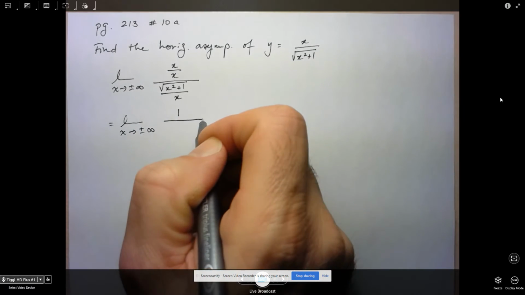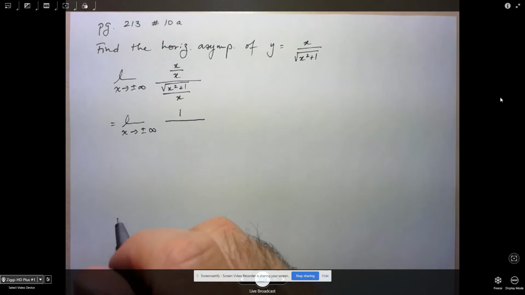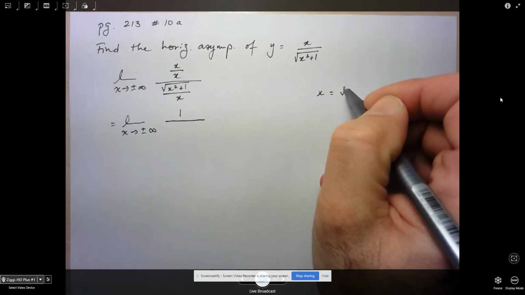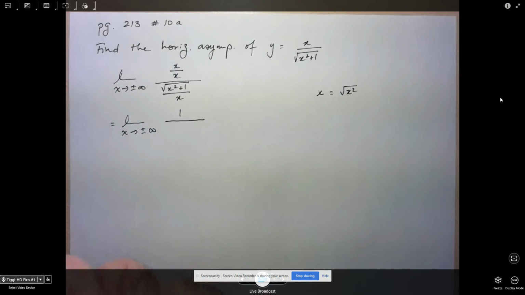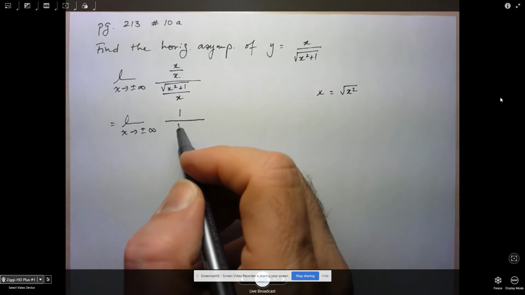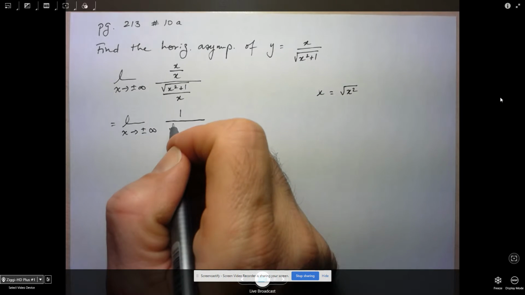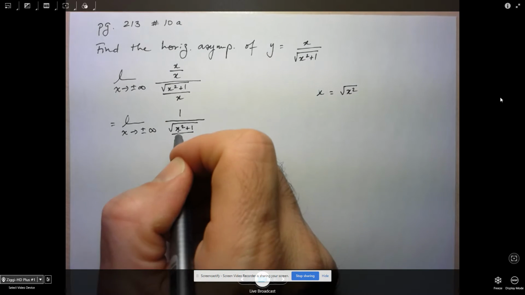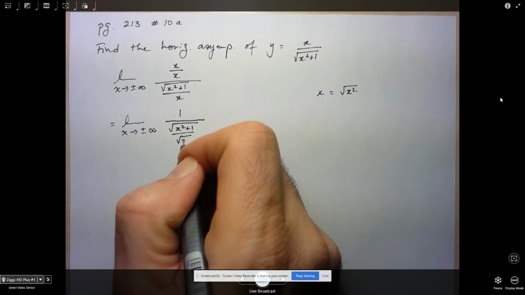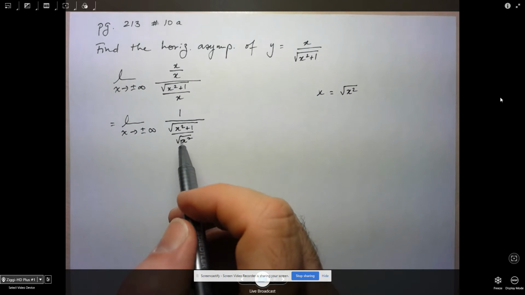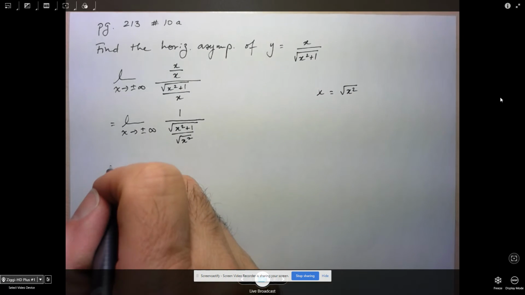It's the denominator where we have to use a little cleverness: I'm going to rewrite x as the square root of x squared. Normally I wouldn't show this step, but I'll show it here. I can now use my properties of radicals to bring this division all under one square root.